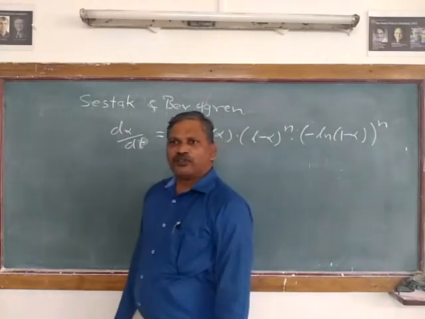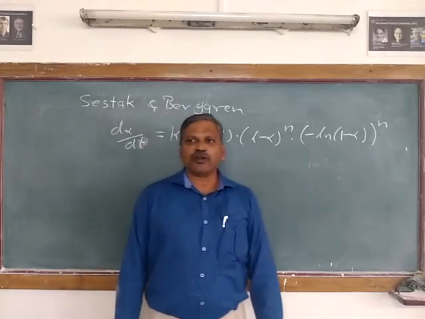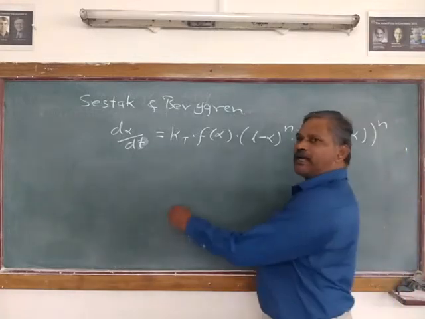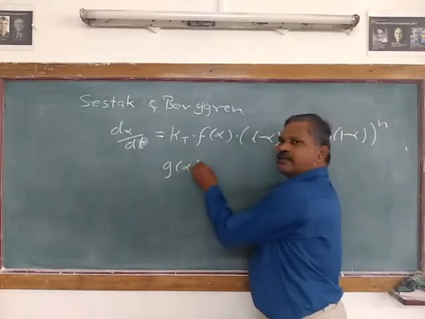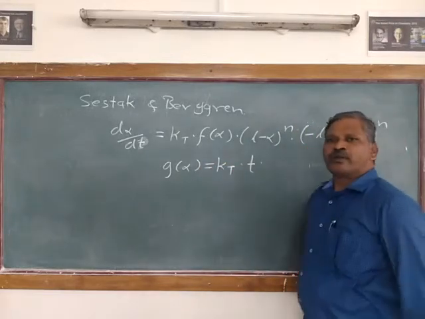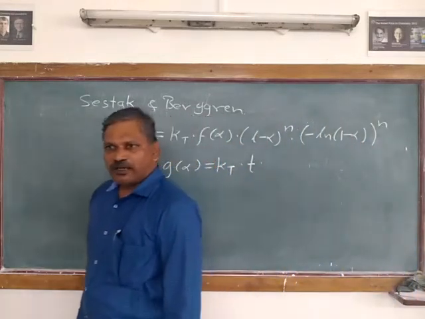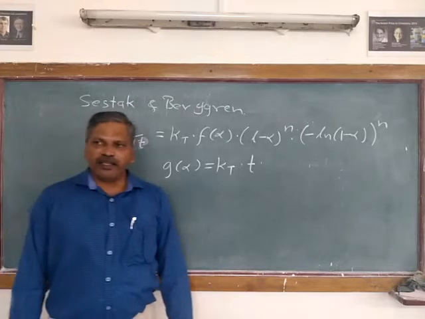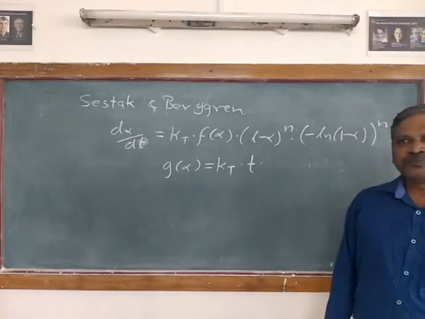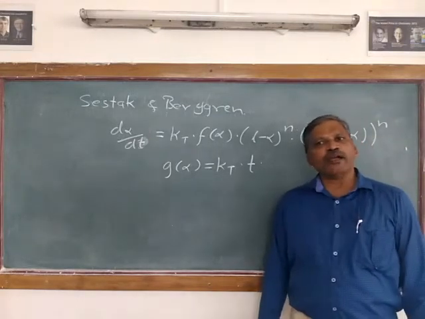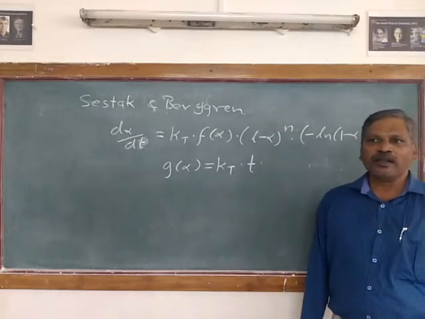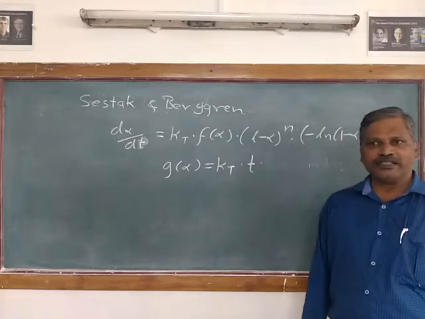It is sufficient to quote three examples for general kinetic equations, and we can get the equation as g(alpha) is equal to k(T) into t. The interpretation of the kinetic equation considers the way in which the reaction starts by a process of nucleation, then how these nuclei grow, and what reactions or interface geometry is involved, and finally how the reactant decays.